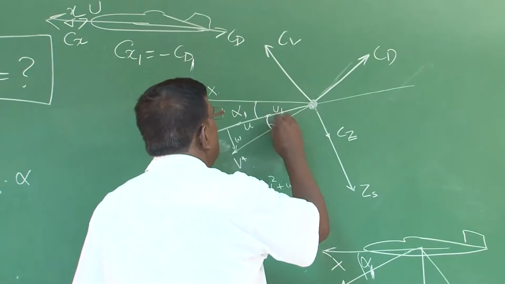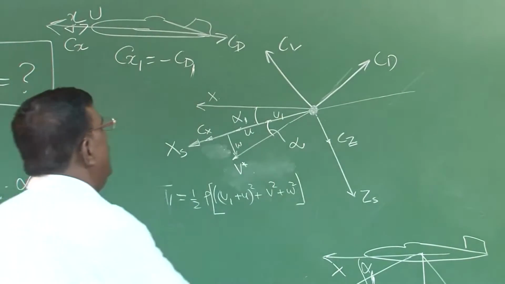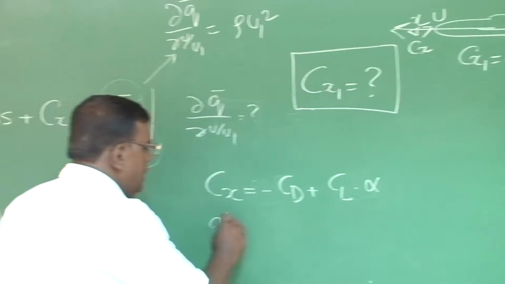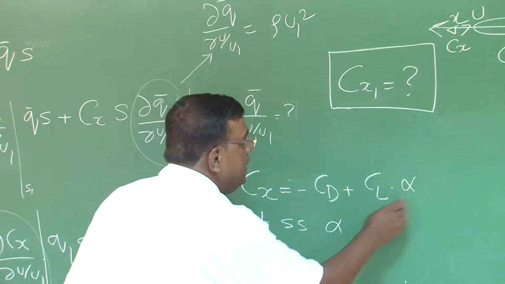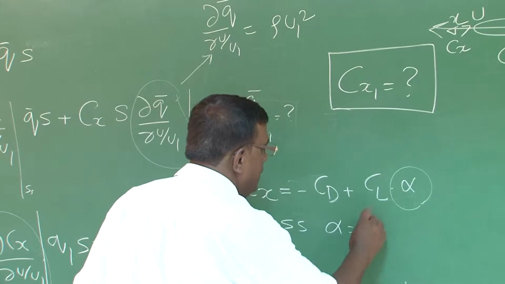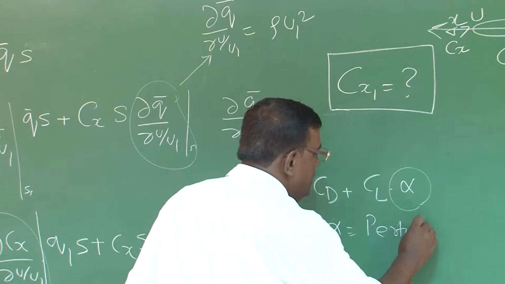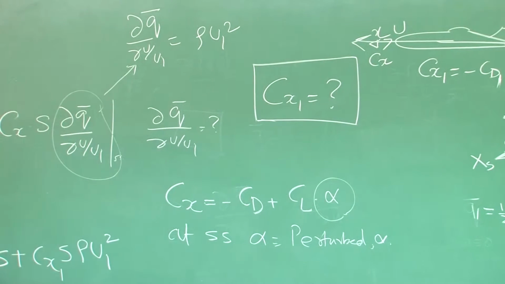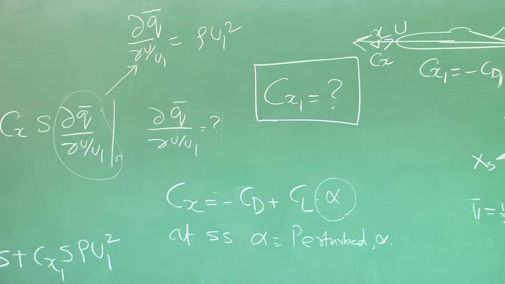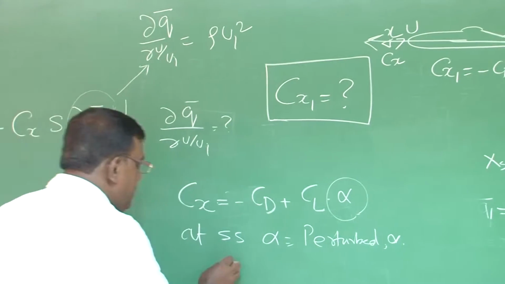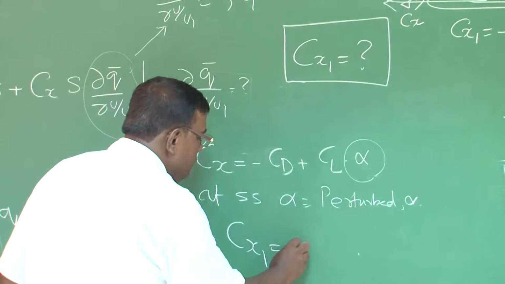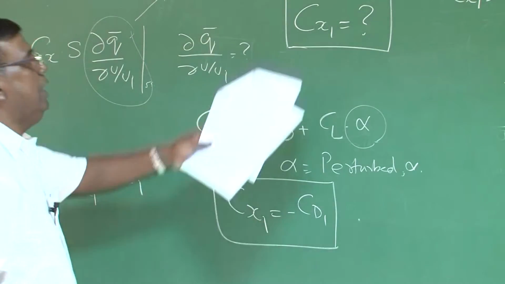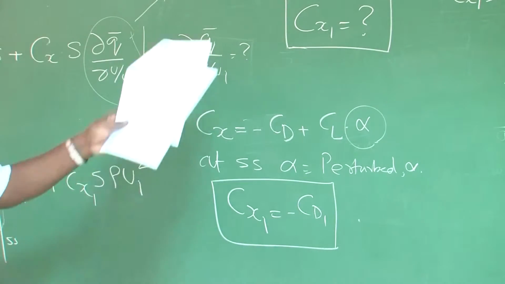So this is your alpha, put the geometry and you can find this. So at steady state, the alpha here, which is perturbed alpha, right? Perturbed alpha at steady state is 0, so this gives Cx1 is minus CD1. You get the same answer as we could see from simple understanding.